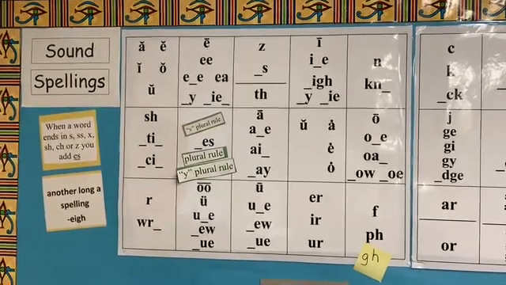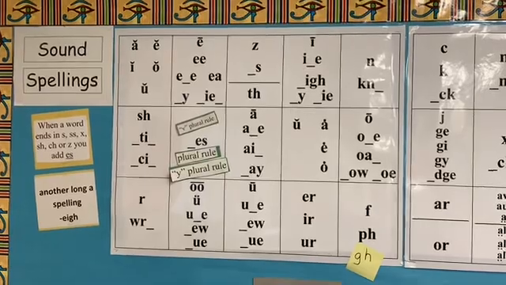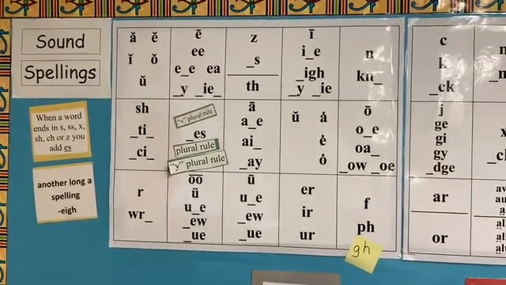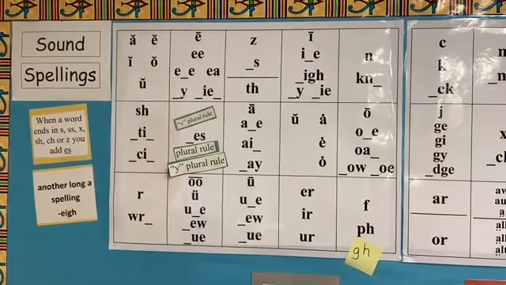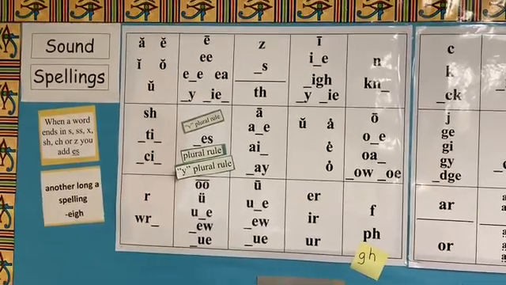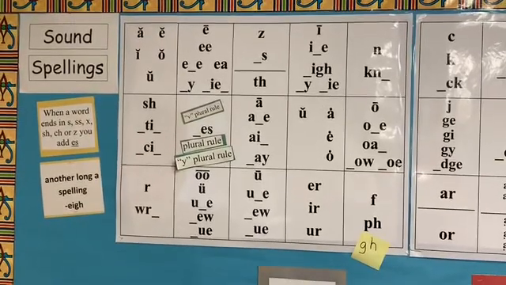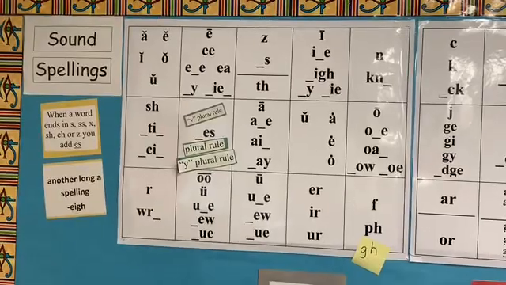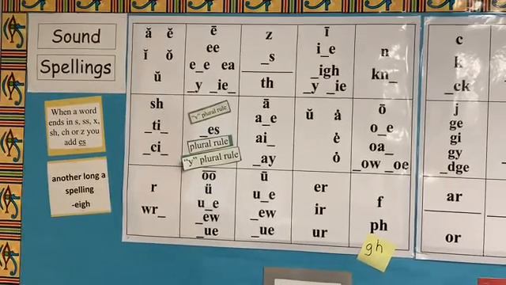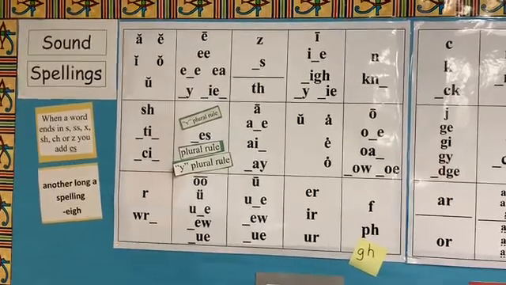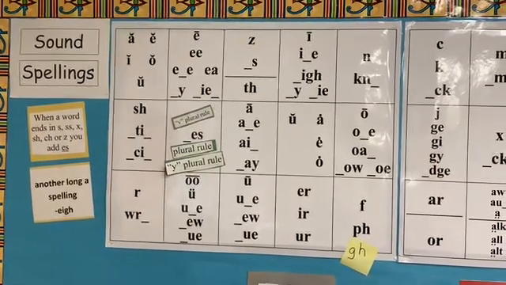Other sound. V. Spelling. TH. Sound. I. Spellings. I mark, I blank IGH, blank Y, blank IE. Sound. N. Spellings. NKN blank. Sound. Sh. Spellings. SH blank TI blank blank CI blank.